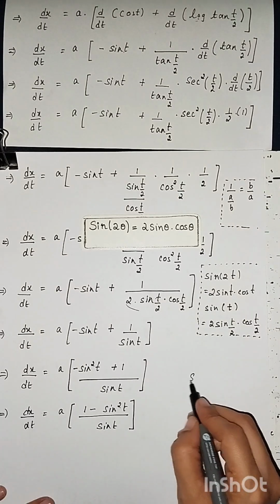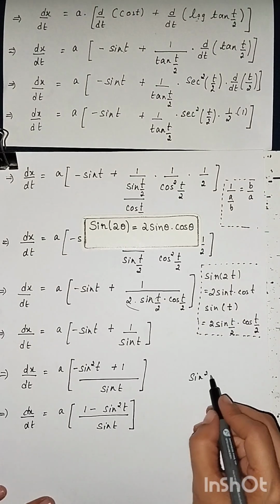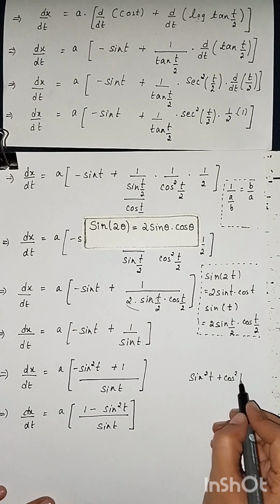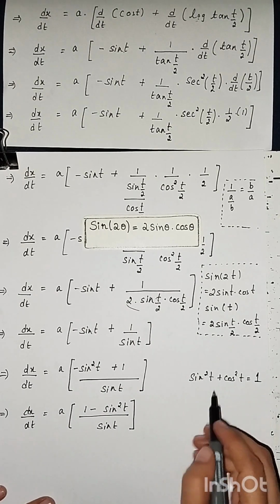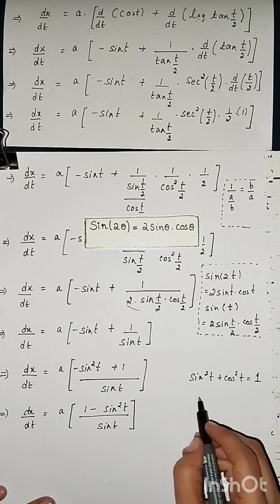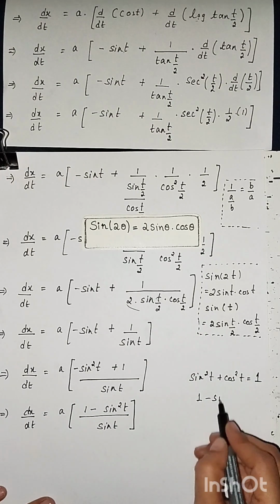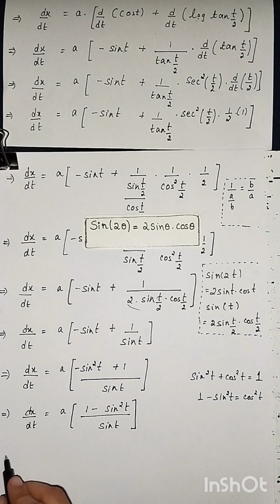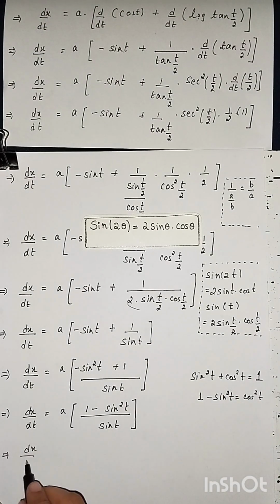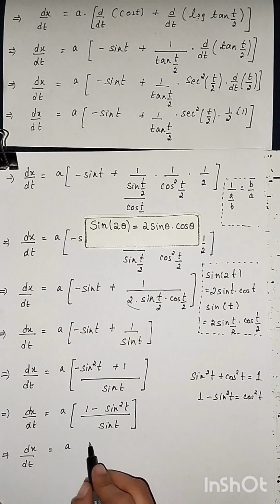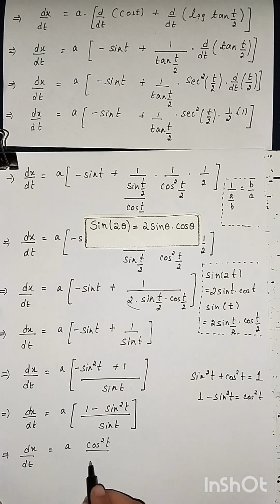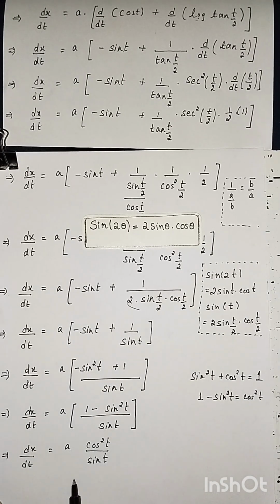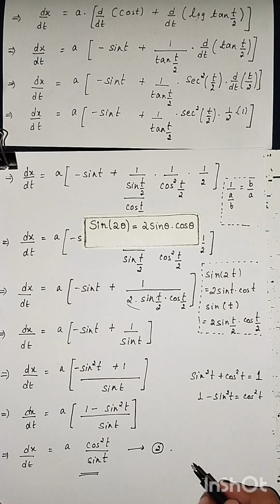So we have the identity, that is sin square t plus cos square t is equal to 1. So we have 1 minus sin square t, so you will remain with cos square t. So this implies dx by dt is equal to a into cos square t divided by sin t. So this is equation 2. So we got dx by dt.